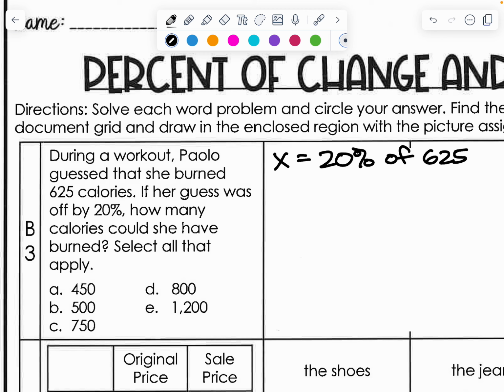All right, you can do this math now. Now, it says select all that apply, and you know why? Because I don't know if her guess was too big or too small by whatever this works out to be. All right, so solve this, and then you're going to take 625, and you're going to find out maybe if she guessed over the amount by 20%, or if she guessed under the amount by 20%.